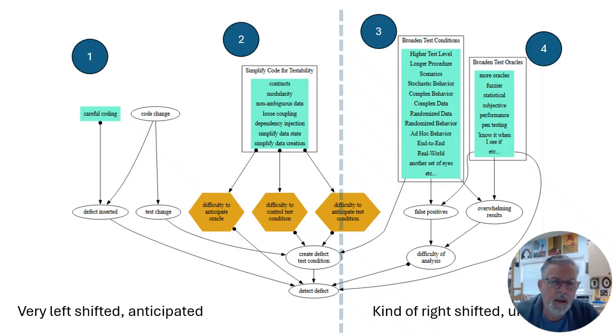This made the developer nervous about 1 and 2 on the side, the shifted-left approach. They didn't feel they had the capability to anticipate the test conditions they could do in unit or in contract. They didn't understand the consumer well enough, or the data well enough. They most certainly didn't feel they understood what could be right or wrong in the data well enough to have a reasonable oracle.